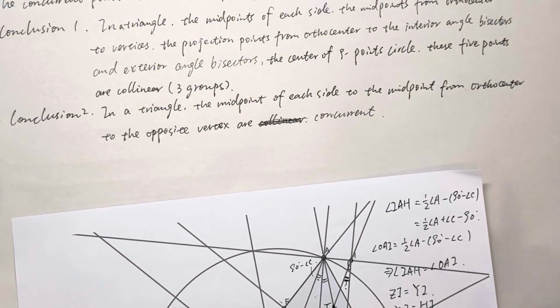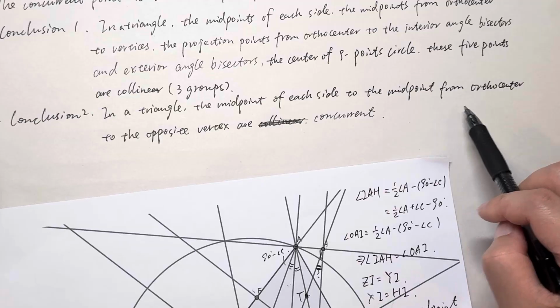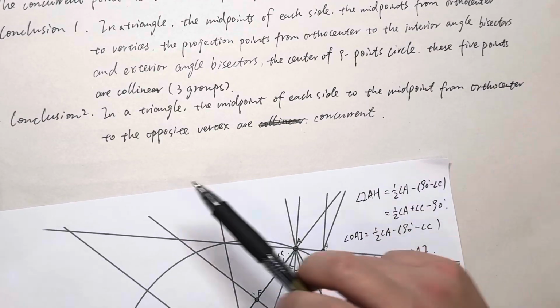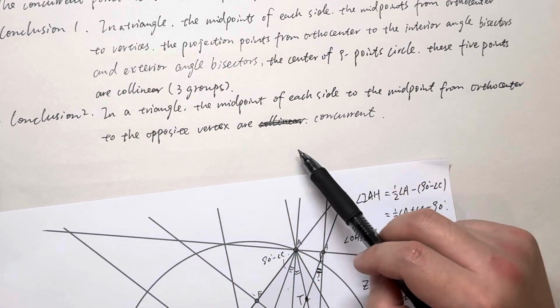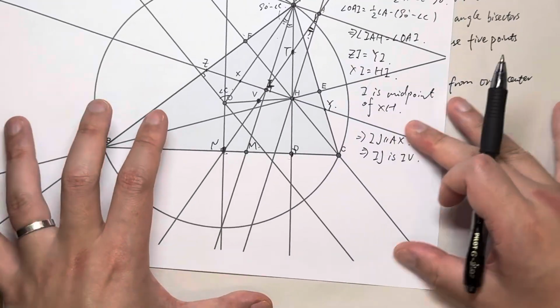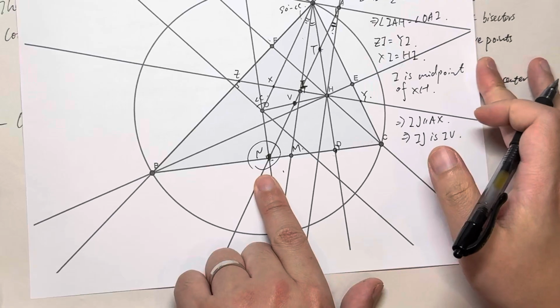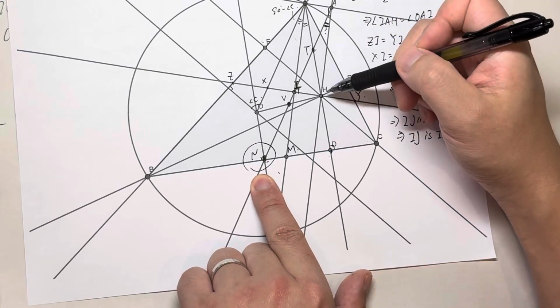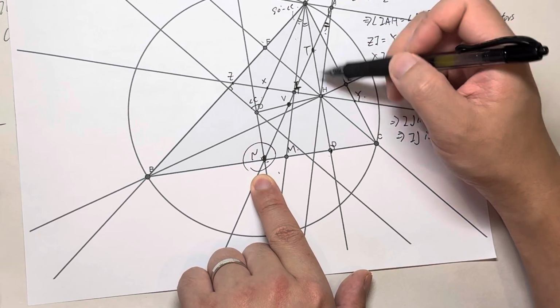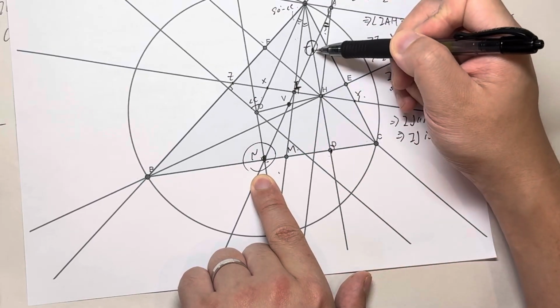So conclusion 2. In a triangle, the lines from the midpoint of each side to the midpoint from orthocenter to the opposite vertex are concurrent. So the midpoint of each side, which from here is N, to the midpoint from orthocenter to vertex, that's T. So it's NT, right?